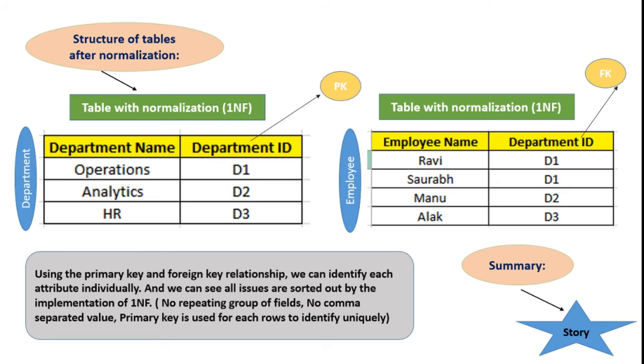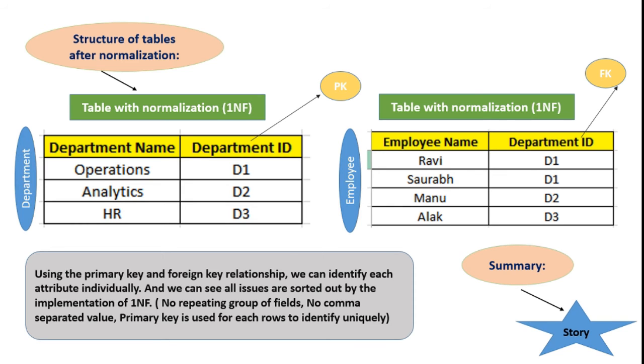With the first normal form, there are atomic values, no comma separated values, no repeating values, and using the primary key and foreign key relationship, we are identifying each record uniquely, right?